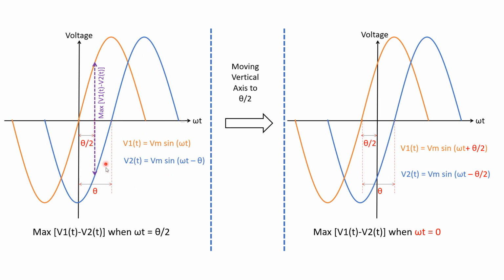Instead of putting it like this and saying at omega t equal to theta divided by 2 we have the maximum, we can move the vertical axis to this point and say that the orange one is omega t plus theta divided by 2, and the other one is omega t minus theta divided by 2. The advantage of that is the worst case maximum is at omega t equal to 0. So if we subtract these from each other at omega t equal to 0, we get the maximum difference here.